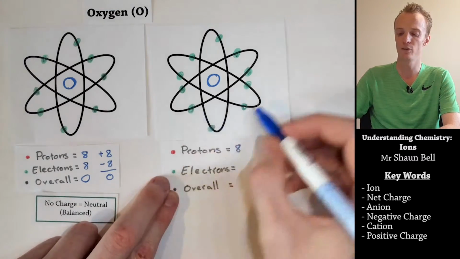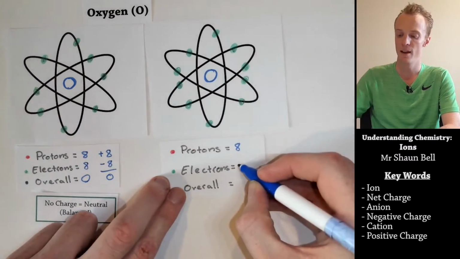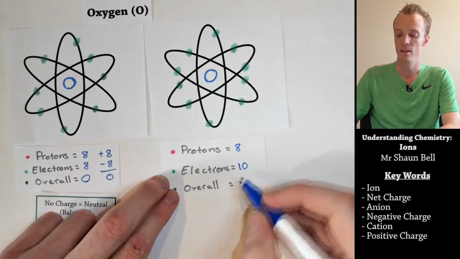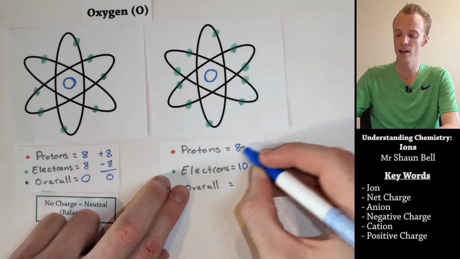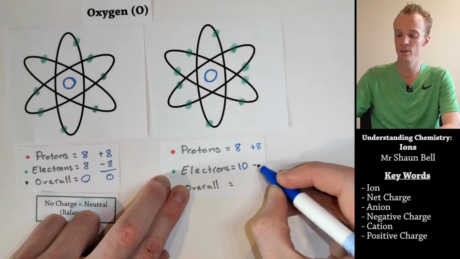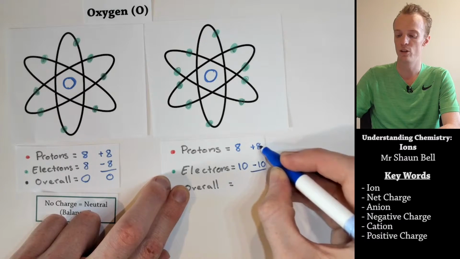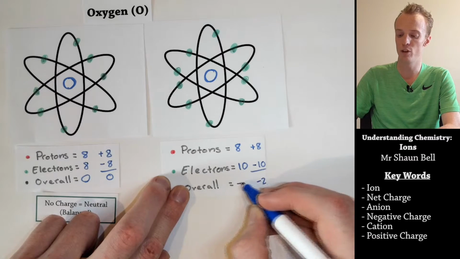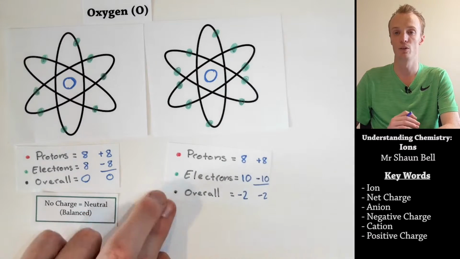However, the number of electrons, if I count them in my diagram, has become 10 because it's gained 2 of them. So if we look at the charge, the protons will give a +8 charge, the electrons will give a -10 charge, and if we add +8 take 10, my overall charge becomes -2.